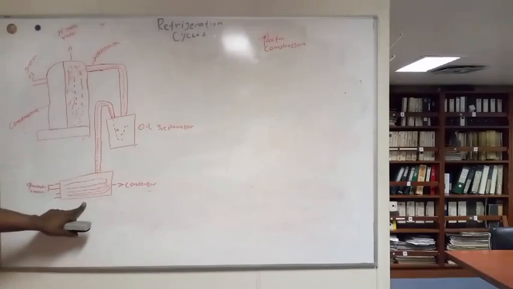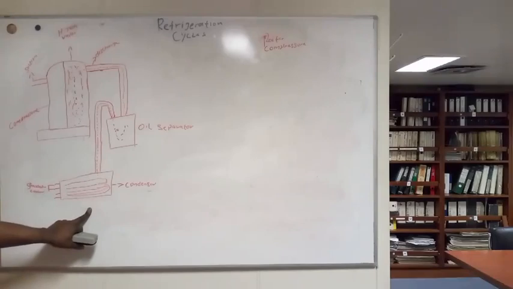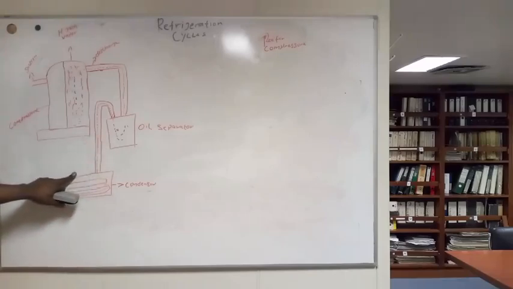The function of this condenser is to cool down the high temperature gas into low temperature liquid gas. The gas moves out from the oil separator down to the condenser.